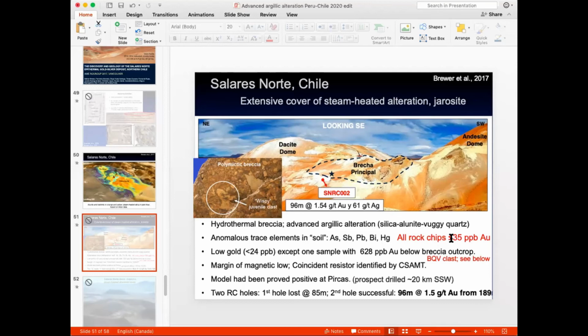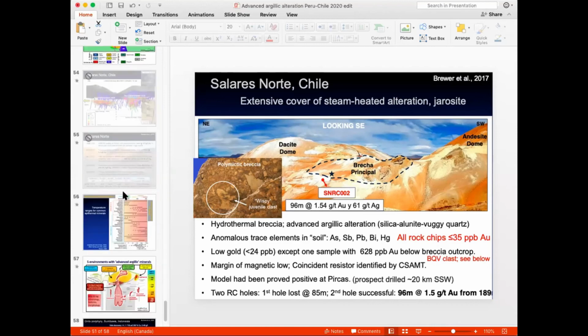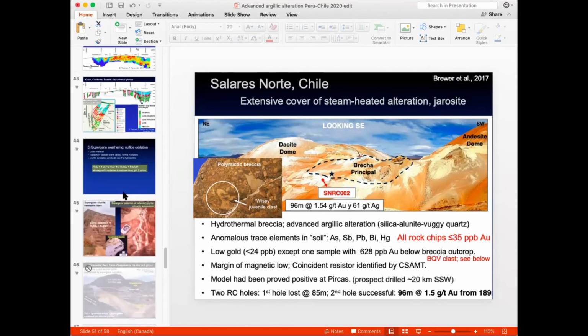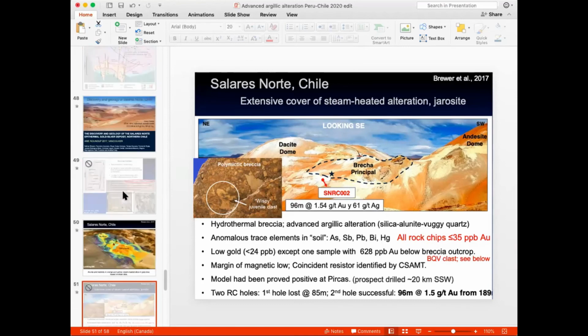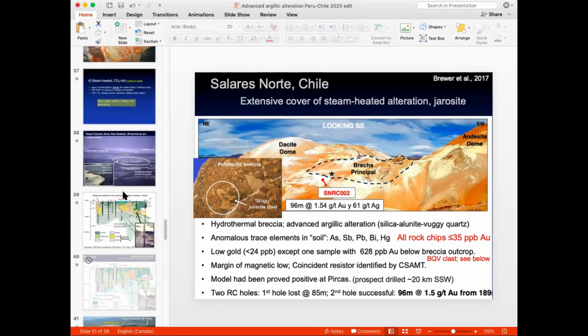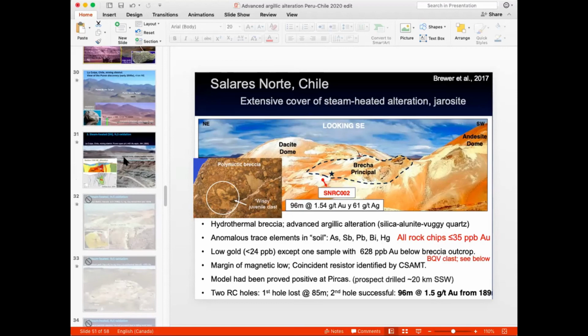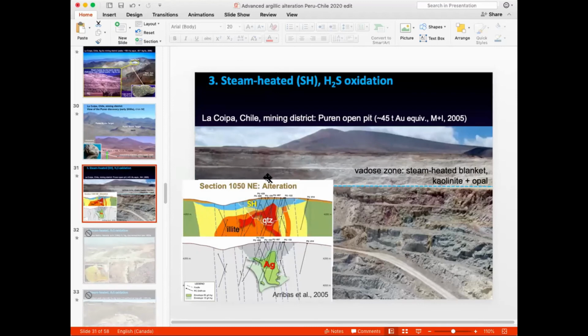I don't have the number here, but Antonio Rivas said that there was a 3 part per million silver anomaly in the steam-heated zone.